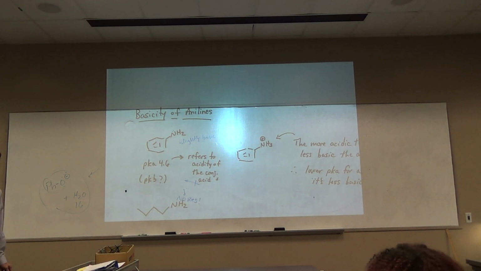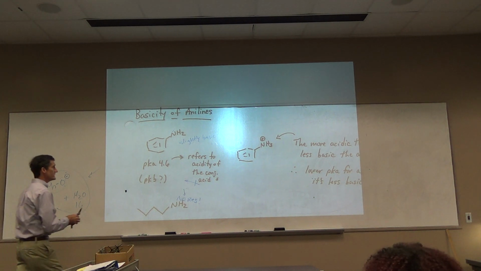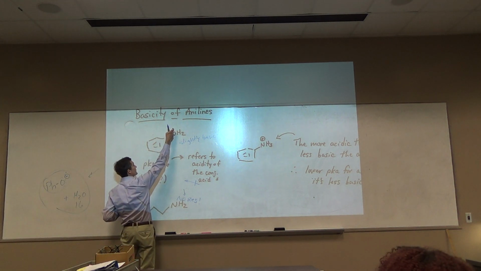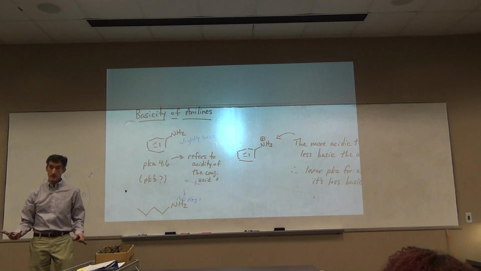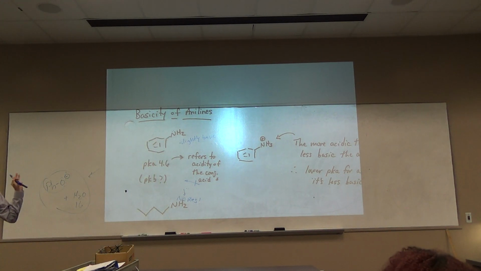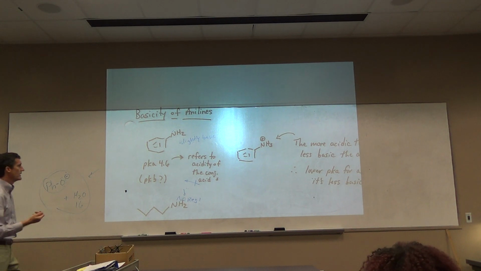Aniline has slight basicity. If we delocalize this, we draw a resonance structure and start putting a negative charge onto carbon. Carbon's like, I don't want this minus charge. So the delocalization is not huge. It's slightly delocalized. Thus it retains some slightly basic character.